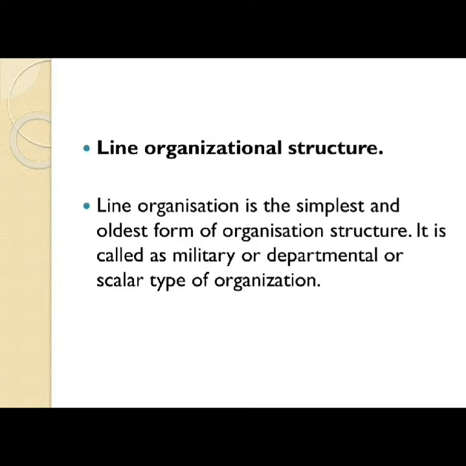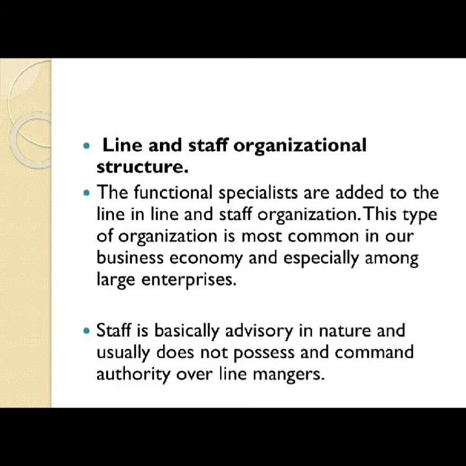Line organization is the simplest and oldest form of organization structure we have. It is called military or departmental or scalar type of organization. The main functions of any organization are called line functions, and the people who actually work on those are called line managers.